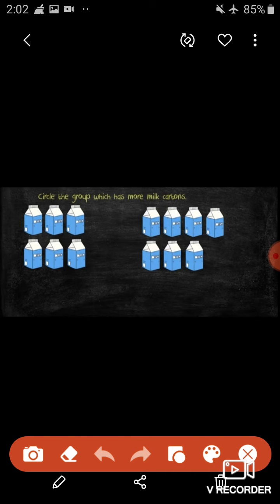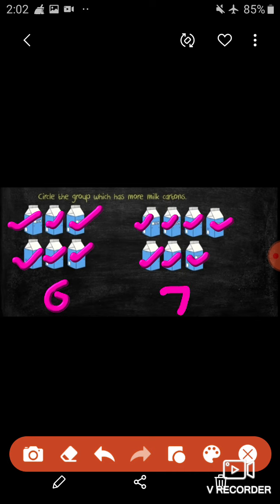In the first group, 1, 2, 3, 4, 5 and 6. So in the first group there are 6 milk cartons, and in the second group, let's count 1, 2, 3, 4, 5, 6 and 7. In the second group there are 7 milk cartons.